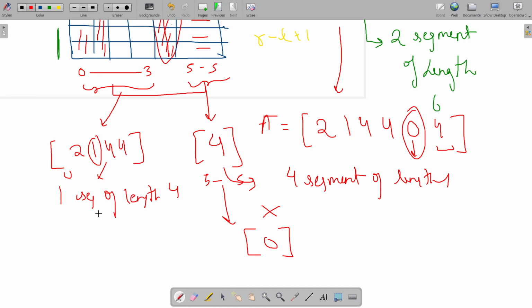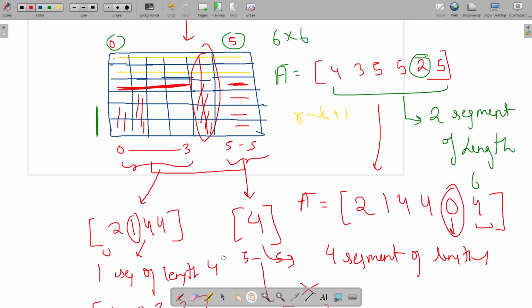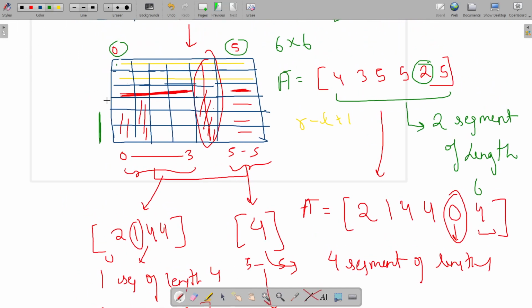But for this case, for example, the A matrix will now look like you have created one segment, so everything will be subtracted by 1. So it will be 1, 0, 3, and 3. And then you will recursively solve for this region and this region. So basically, you will recursively solve now for this range and then for this range.